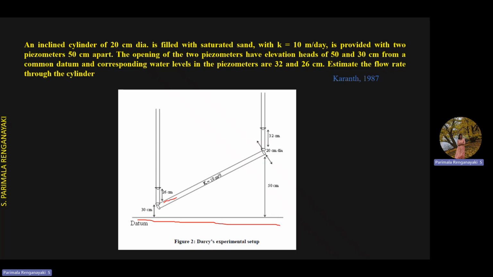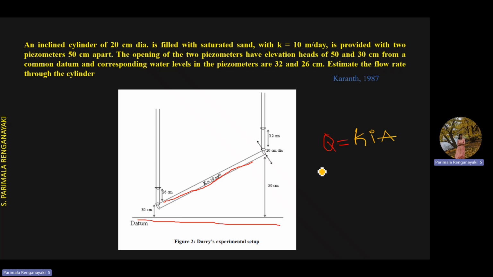So this is our cylinder. They are asking us to find out what is Q. Here itself we will do. So we know discharge Q is equal to KIA.